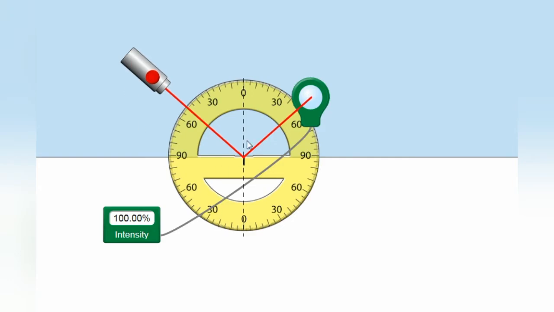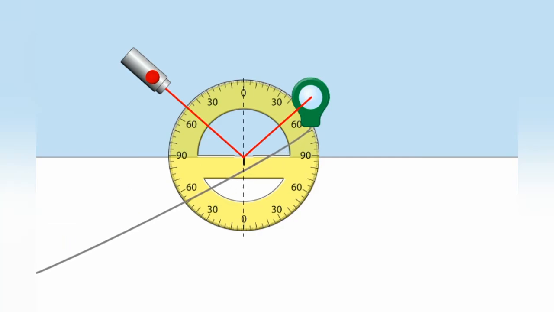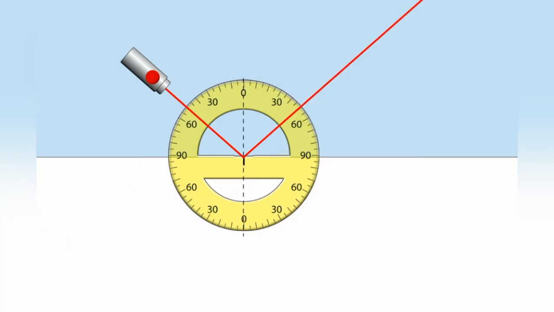That means all the rays incident on this interface of the two media will be reflected back into the same medium, and this happens when the ray is passing from denser to rarer. So this is known as total internal reflection.